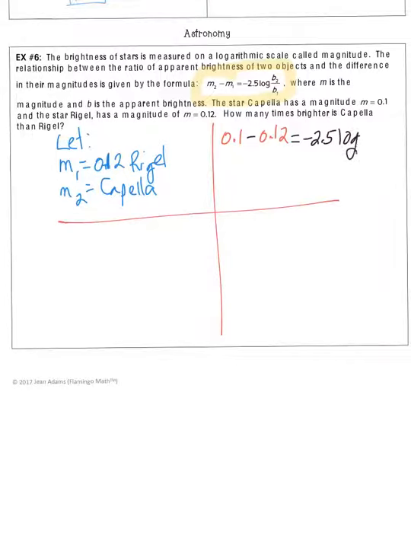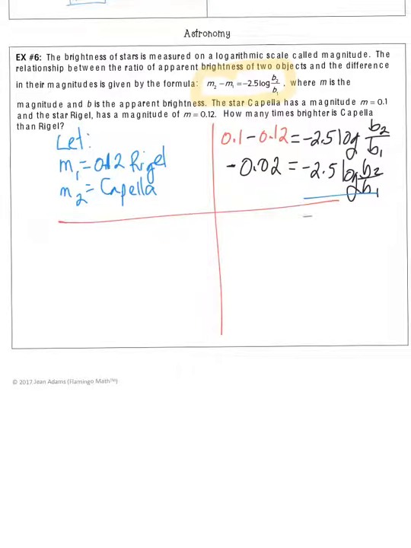I'm just following the formula. It's a base 10, and we don't know B sub 2 or B sub 1. So if I want to get this log by itself, the first thing I need to do is subtract these two values, and then I'm going to divide by this. So 0.1 minus 0.12 is negative 0.02 equals negative 2.5 log of B sub 2 over B sub 1.